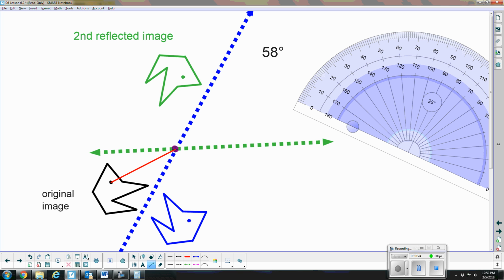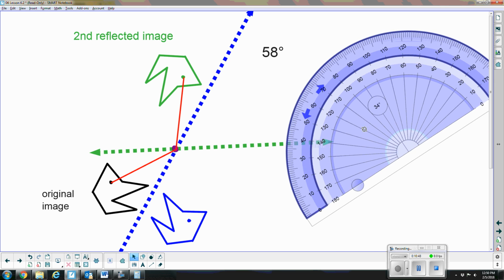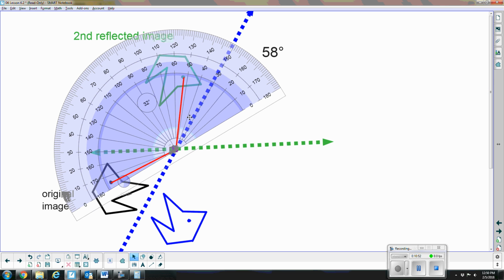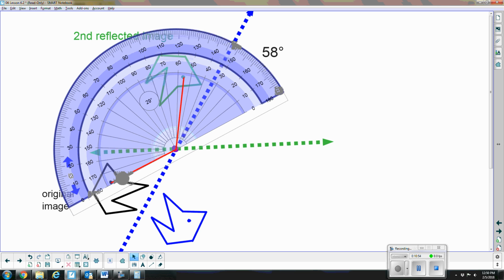One connects that special point to my point of intersection, and the second segment goes from the corresponding point in the second image to the point of intersection between those two lines. So now this forms an angle. Those two segments that I just drew form an angle. Now with your protractor, I want you to measure the degree of that angle and tell me what you notice.